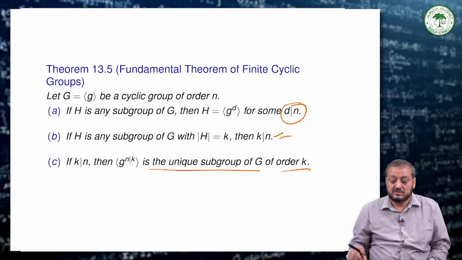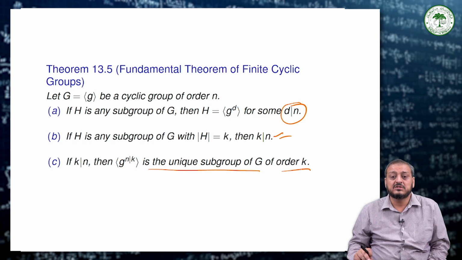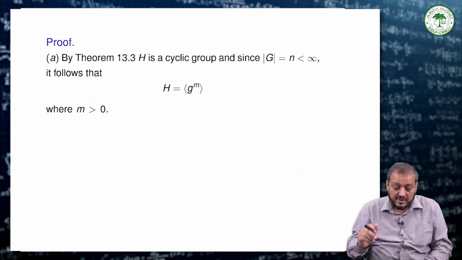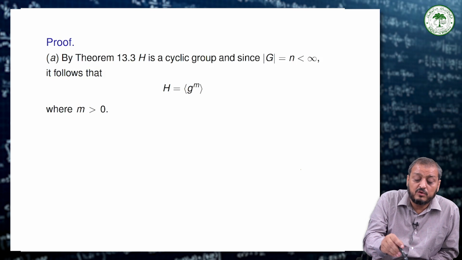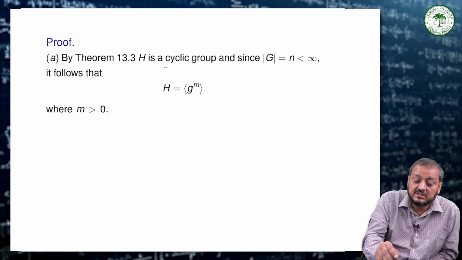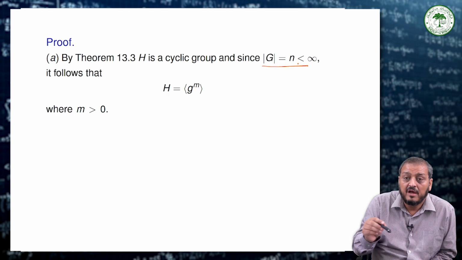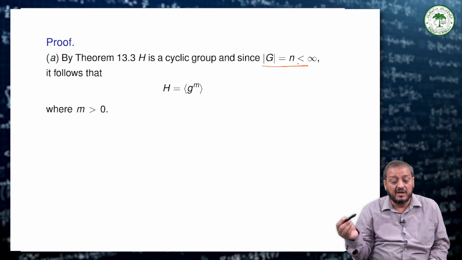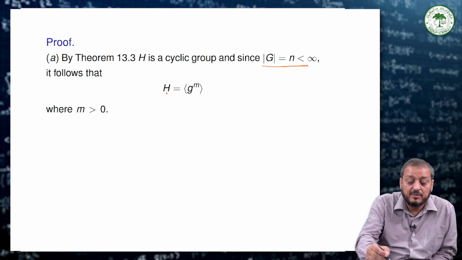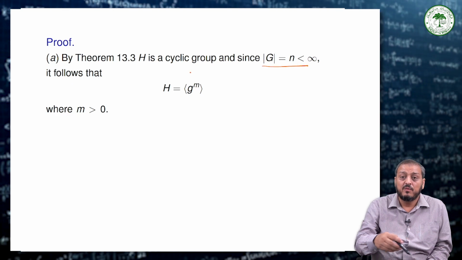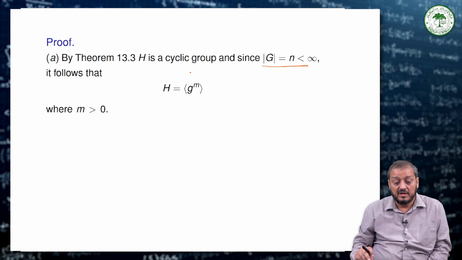Now we prove this theorem. H is a cyclic group, and since the order of G is equal to n, which is finite, H can be generated by g to the power m, where m is greater than 0.